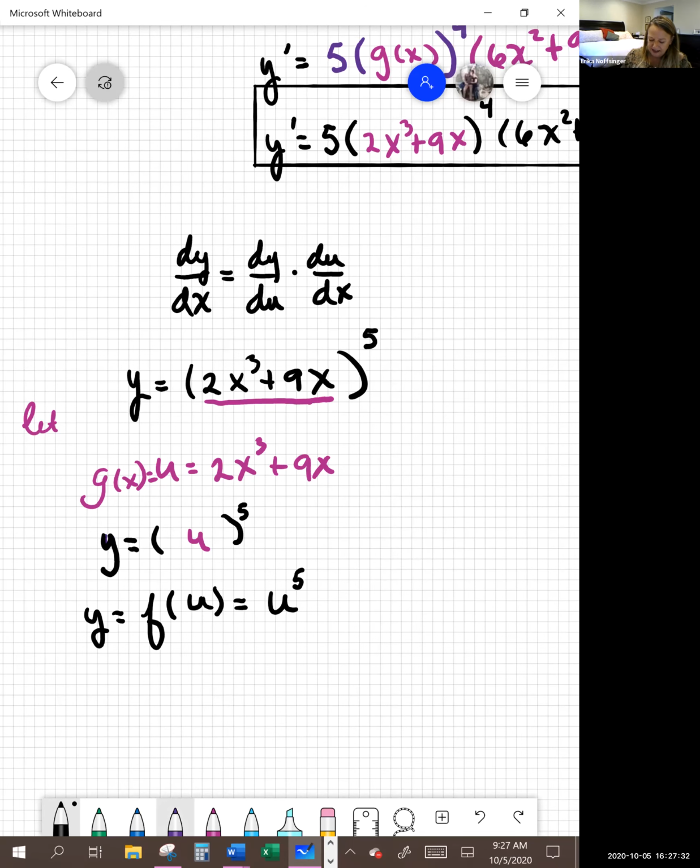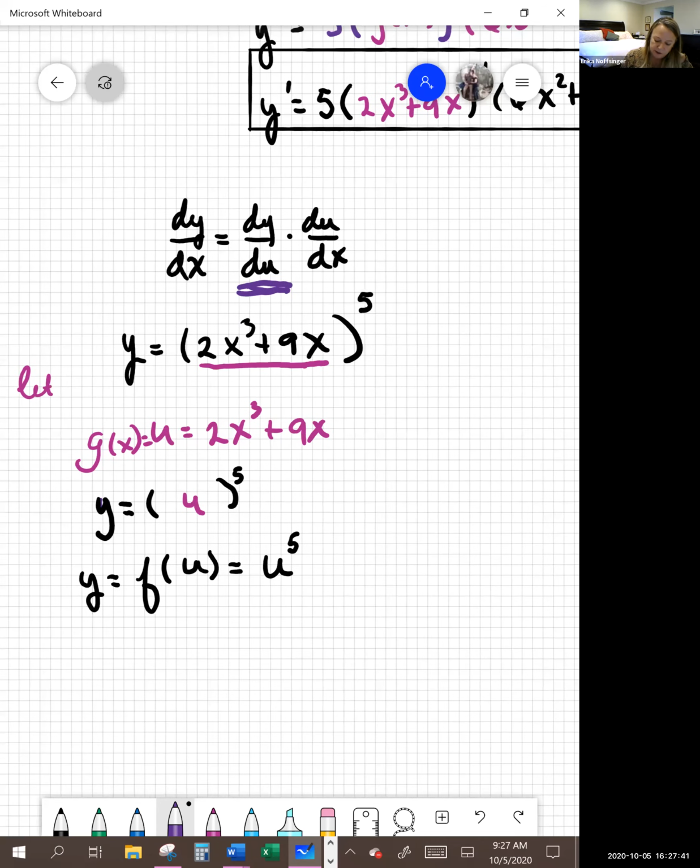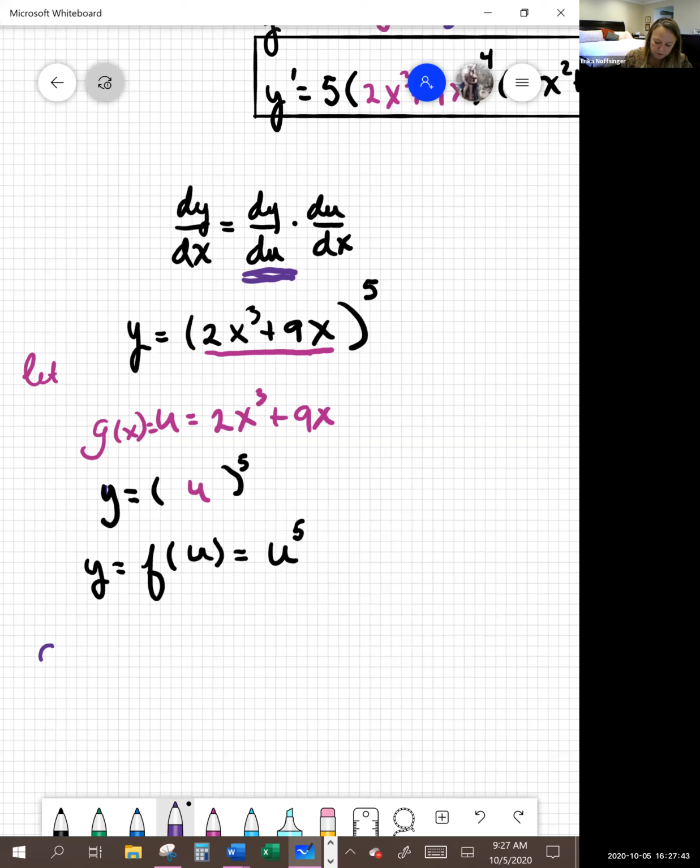So if we look at the derivative of dy du, that's what this is saying. Find the derivative of dy du. Taking the derivative of this, we know we get back 5u to the fourth. And it wants the derivative of u with respect to x.